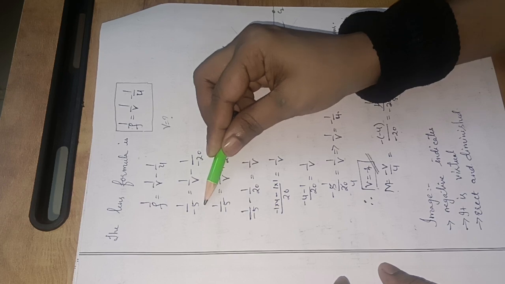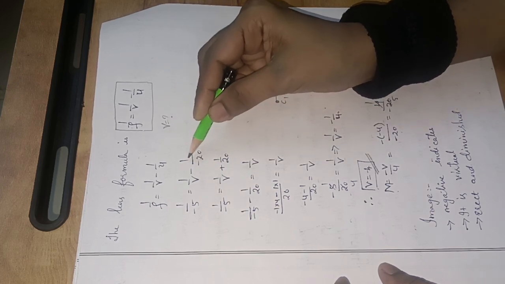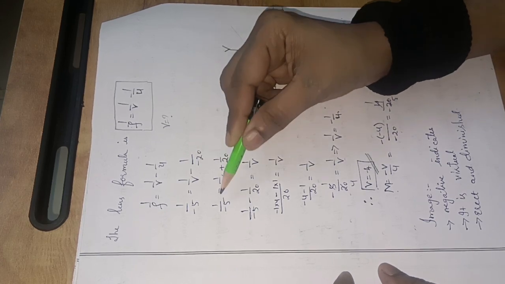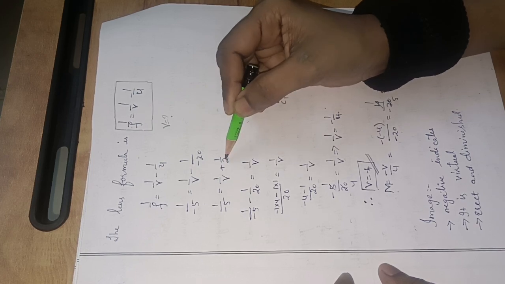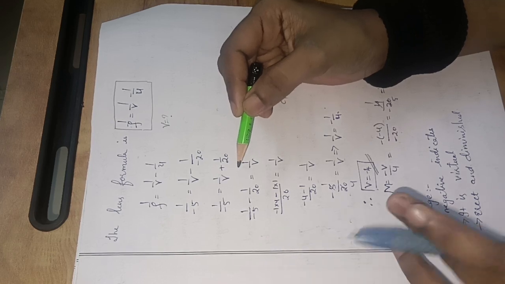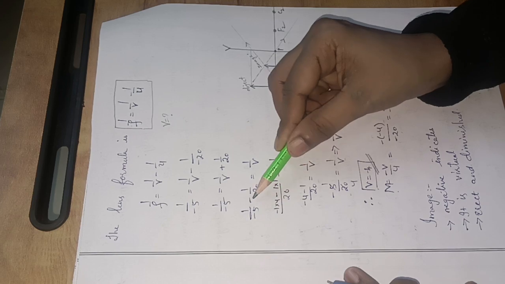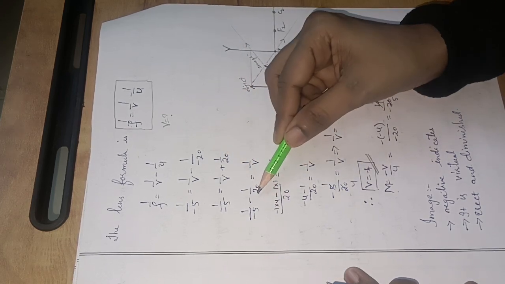So 1 by minus 5 is equal to 1 by v minus 1 by minus 20. So minus minus is plus. Keep the 1 by v this side and transpose the plus 1 by 20 to the left side. That becomes 1 by minus 5 minus 1 by 20.